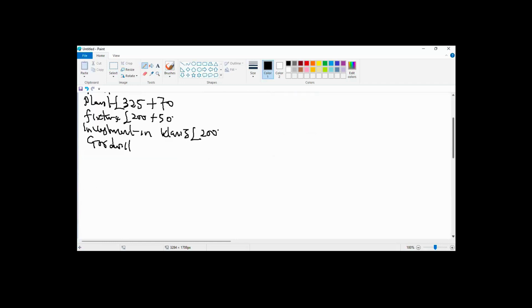Next, after the goodwill, go to the current assets. I'll leave two line spaces. Current assets.